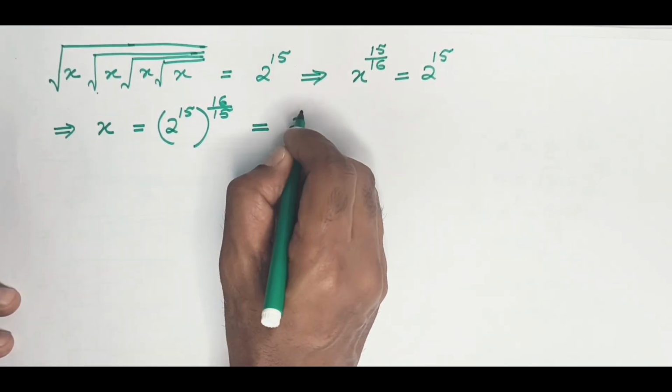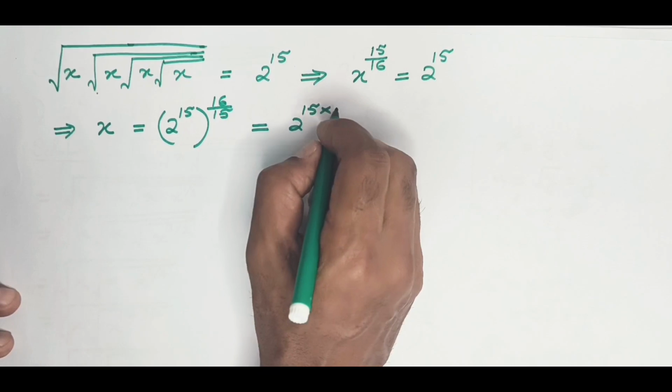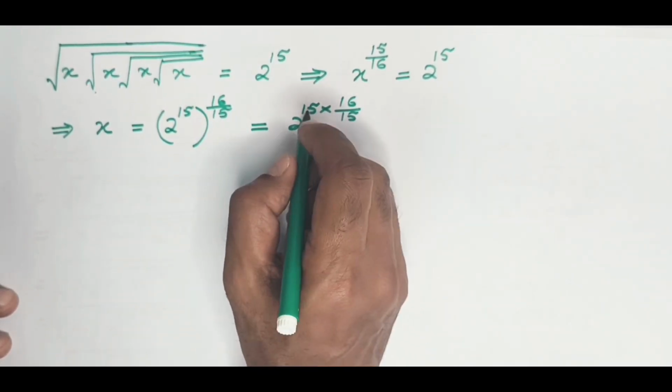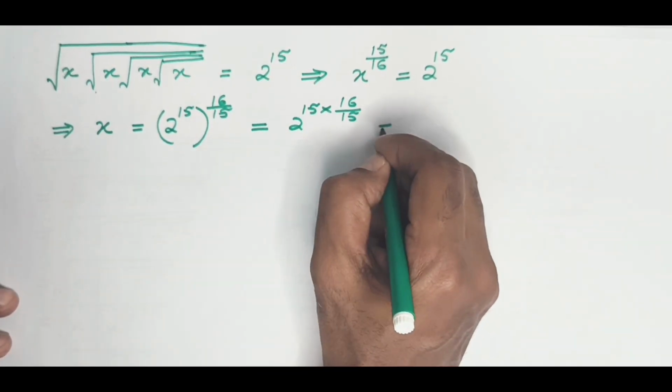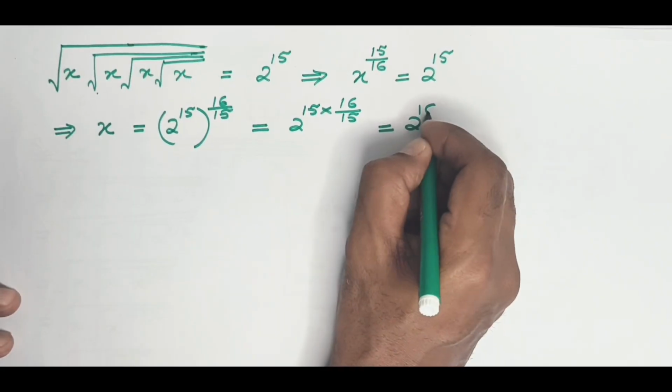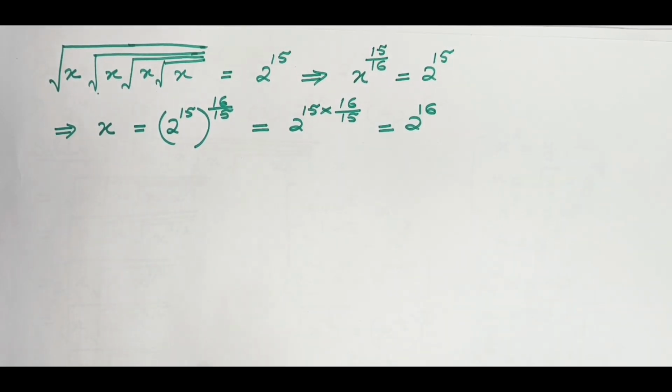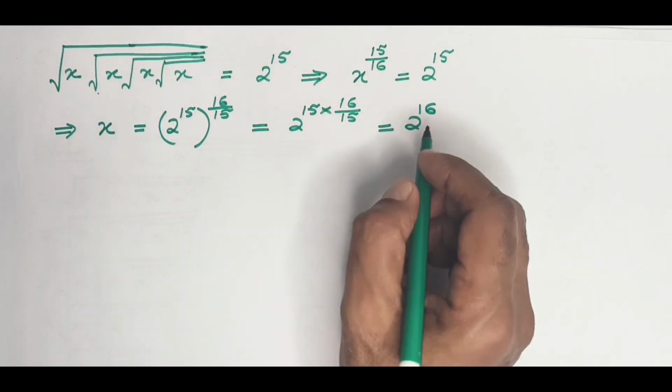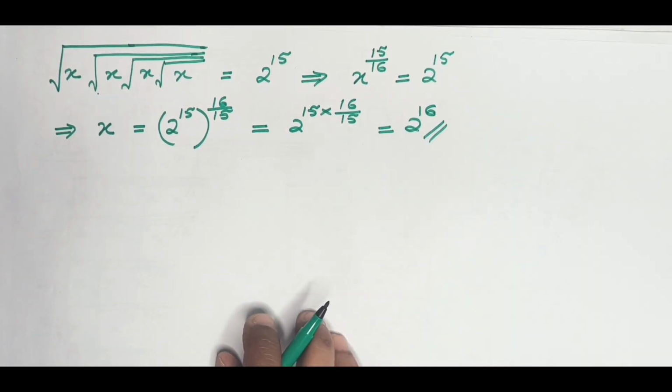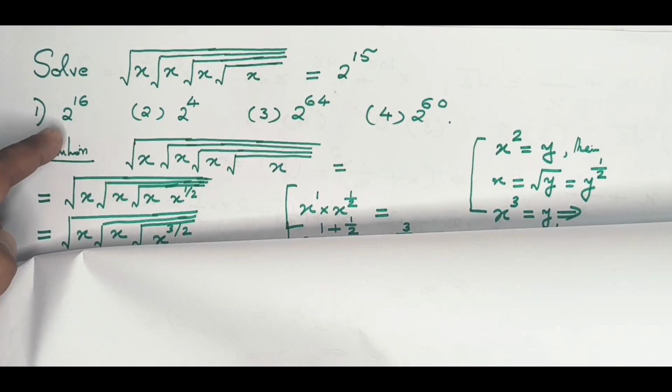This equals 2 to the power of 15 multiplied by 16 divided by 15. These two 15s will cancel out and you will have 2 to the power of 16. So the solution of the equation is 2 to the power of 16. As per the question, 2 to the power of 16 is the first option. So that is the correct choice.